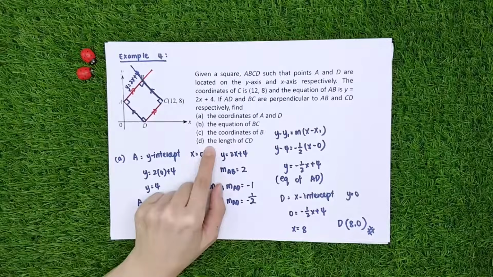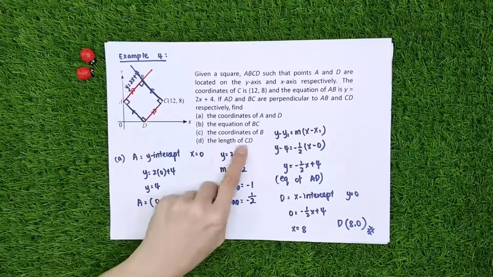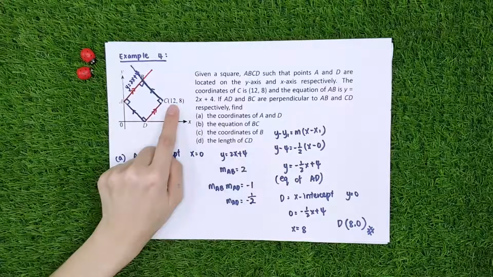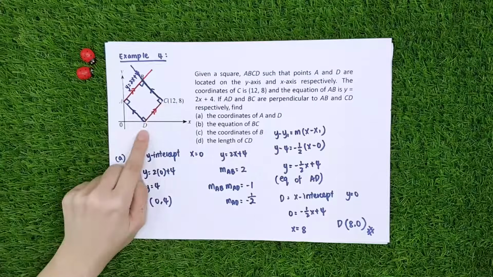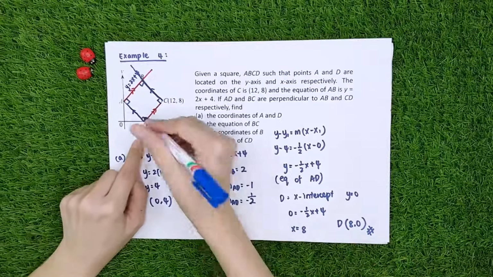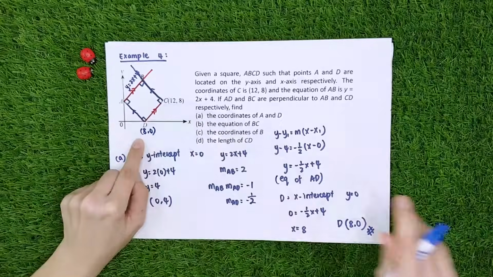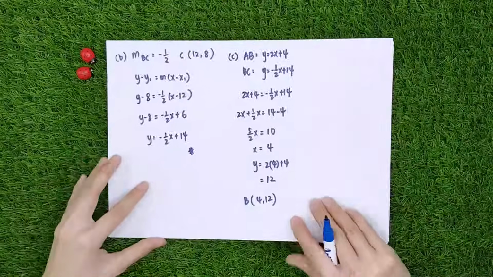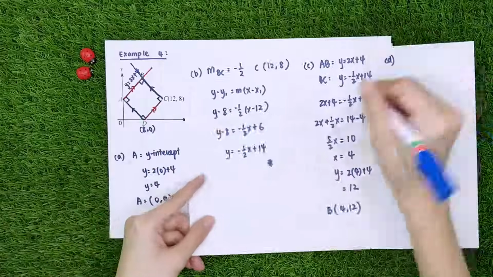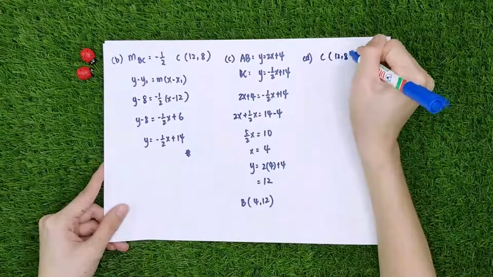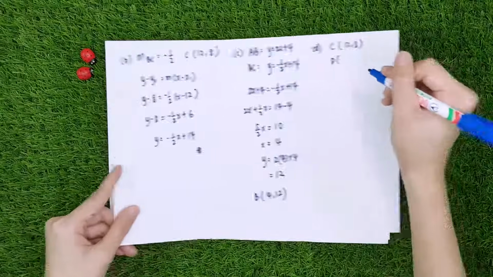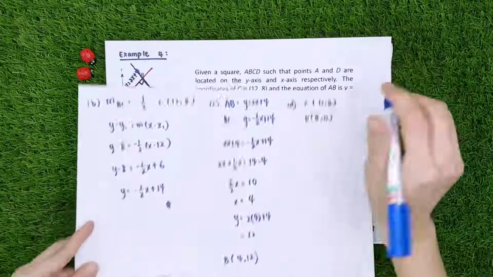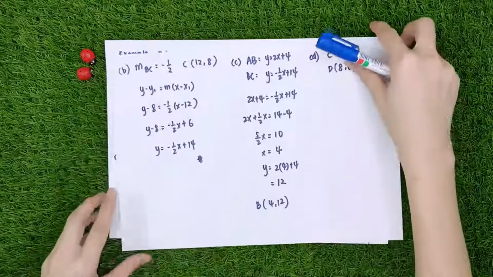Let us go to the last part, which is the length of CD. I have the coordinate of C. Do I have the coordinate of D? Yes, I have, which is (8, 0). So for part D, the coordinate of C is (12, 8) and the coordinate of D is (8, 0), and it wants us to find the length of CD.